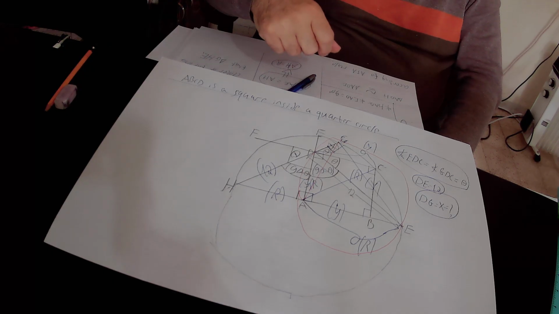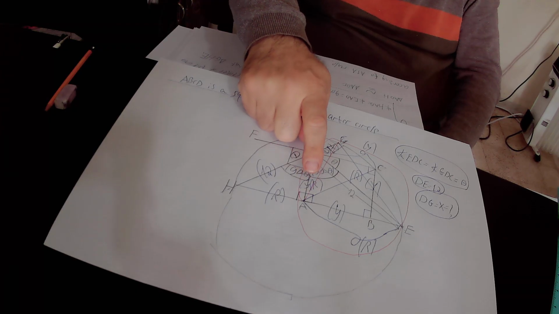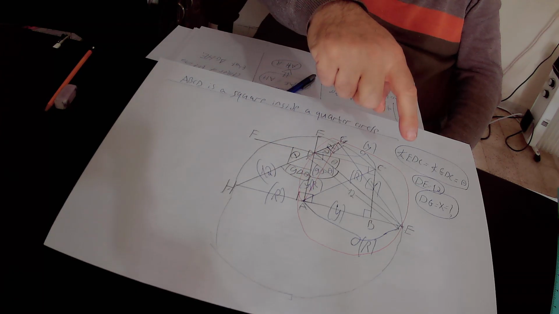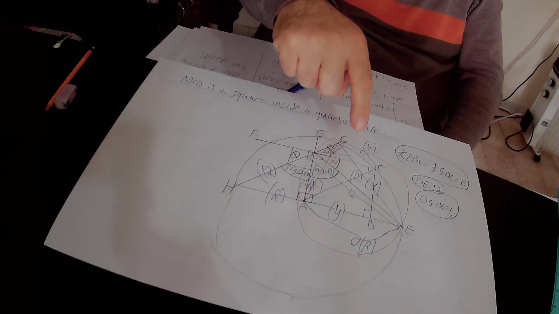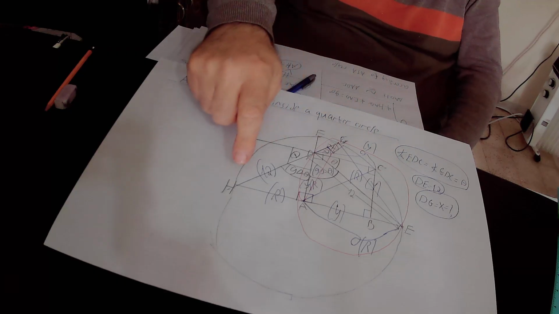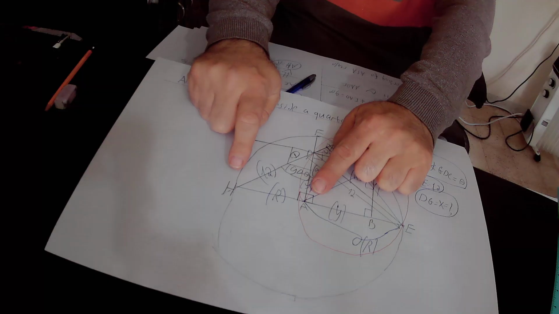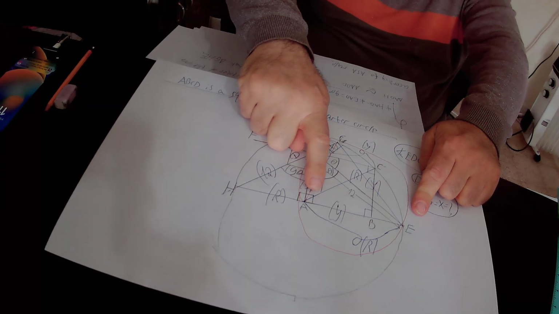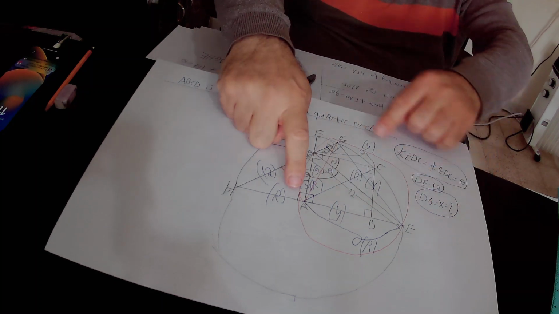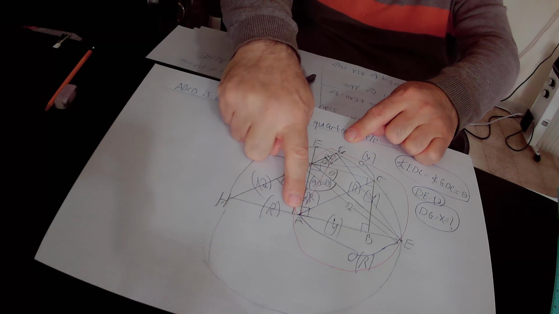Why? Because point A is located at the same distance from the three vertices of triangle EGH, and the three vertices of triangle EGH are E, G, and H. Here, the distance between A and the vertex H is R. The distance between point A and the vertex E is also R. And finally, the distance between point A and the vertex G is also R. Why?